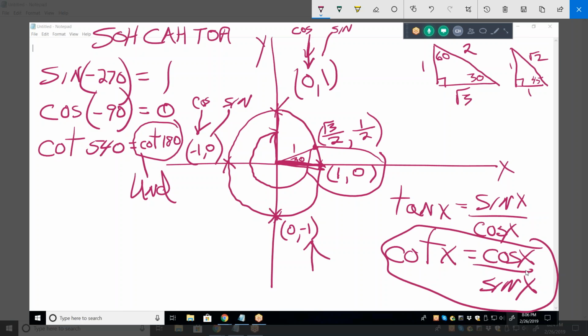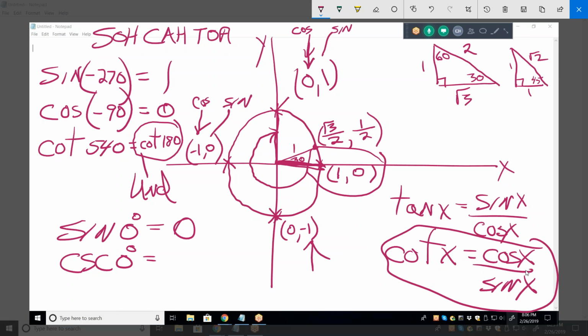Okay. So, if I say the sine of 0 degrees equals 0, then what must the cosecant of 0 degrees be? Remember, it's the reciprocal. 0? Nope. The reciprocal of 0 is undefined.